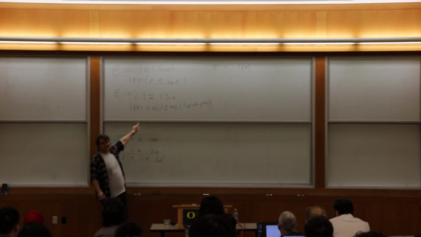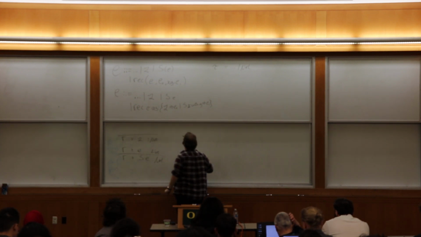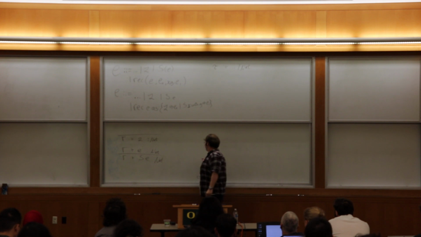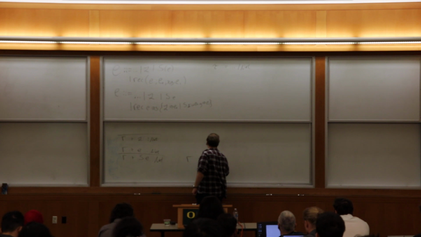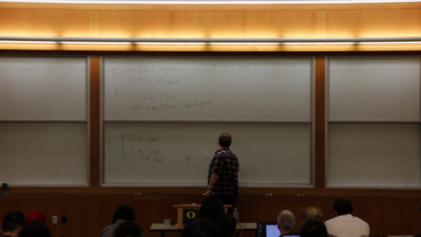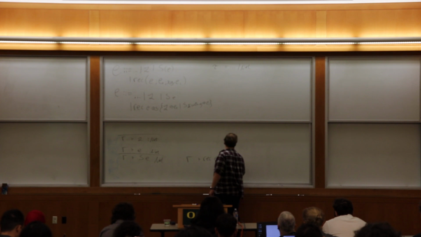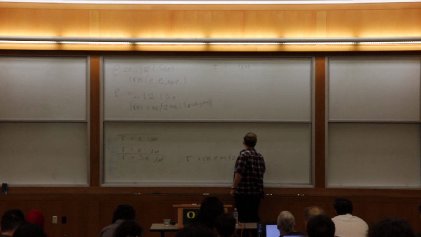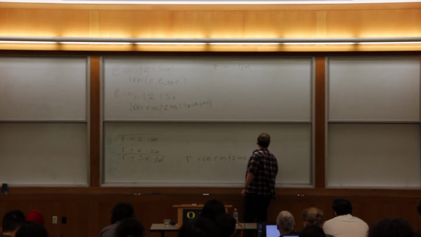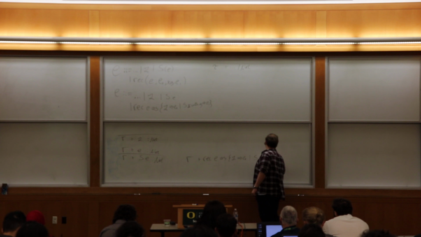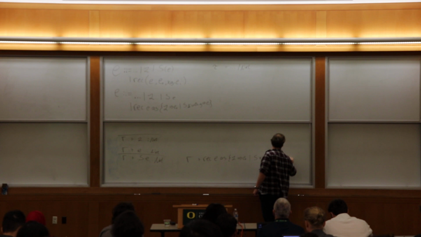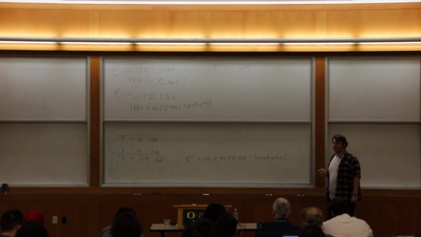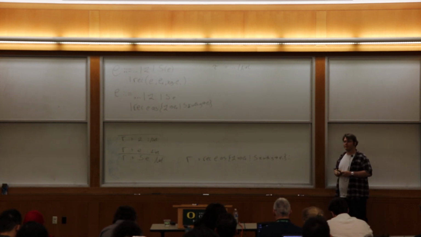What about rec? What about the recursor? That's the hairy one because there's a bunch of moving parts, right? So let's look at that. So what happens if I've got rec E0 and S of x with y goes to E1? Okay, so what kind of output should I expect from the recursor?